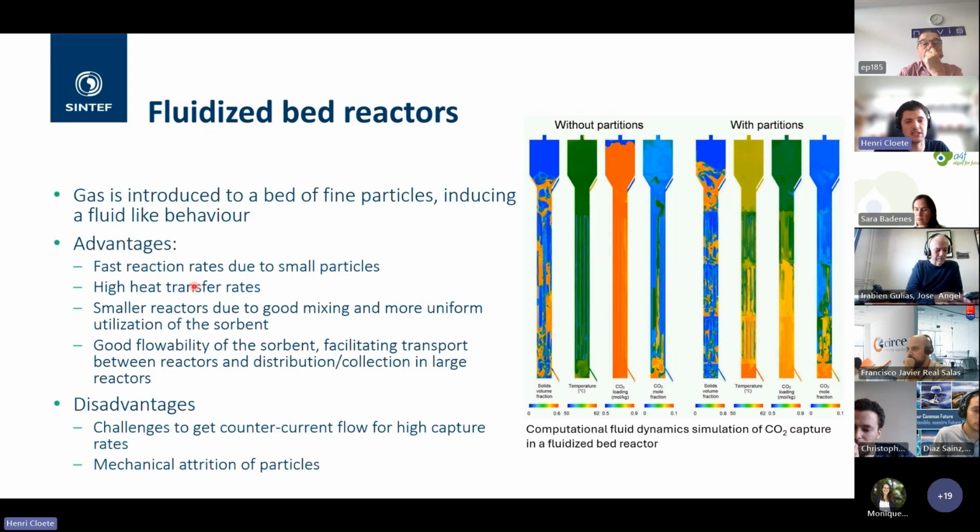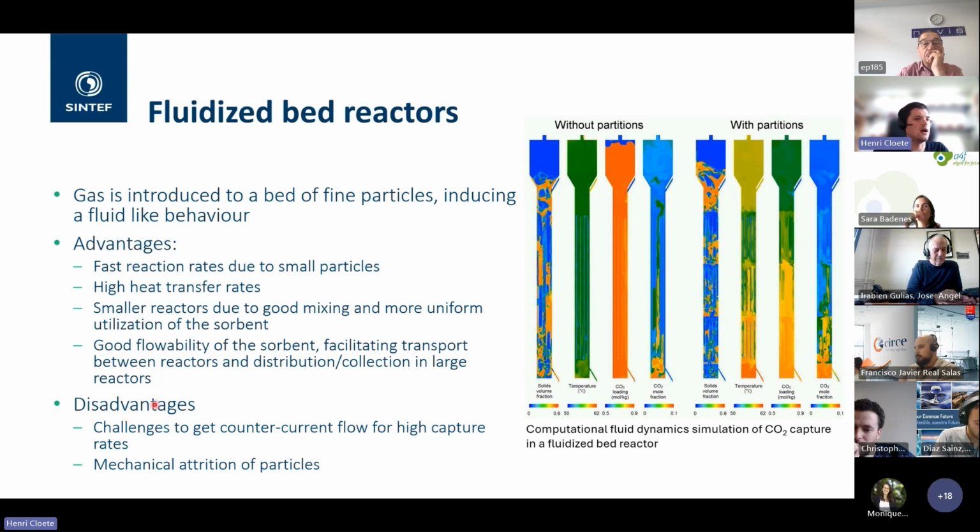You also have very good mixing in these reactors because of the fluid-like behavior, leading to higher heat transfer rates. Since you have good mixing, you're using basically all of the sorbent inside the reactor and not just this front. So you can have smaller reactors as well. And since the sorbent almost behaves like a fluid, it's easier to transport between reactors and distribute over a reactor.